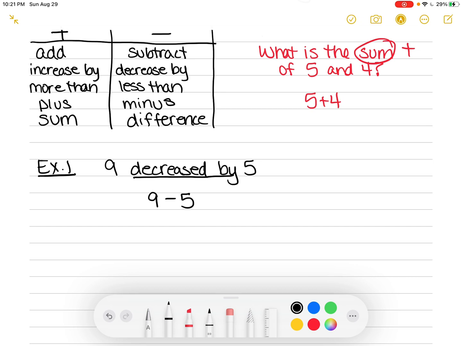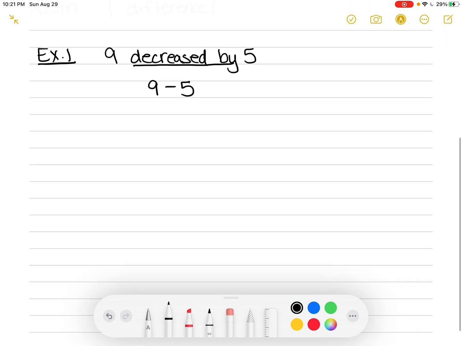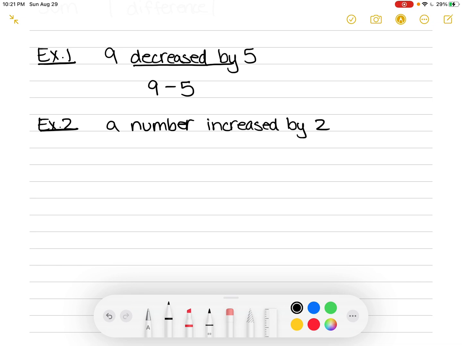But sometimes we don't have just numbers. Sometimes we have variables. So example 2 is a number, and you have to write that out, a number increased by 2. Okay, so how would I write that? Well, when you see a word like a number, you're going to change that to be a variable, because we don't know what the number is. They're just saying a number.